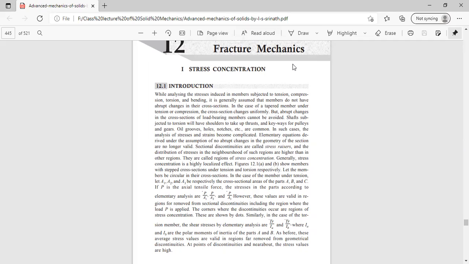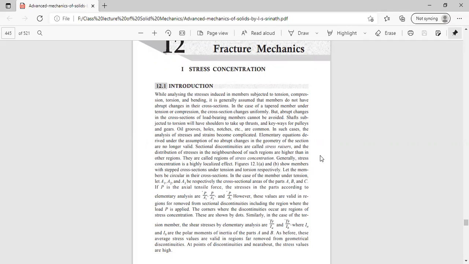Next, it changes abruptly to another cross section, say almost twice the former one, and there can be another change in the diameter or cross section area of the total bar. These are also examples of abrupt changes in cross section. But there are other applications of this abrupt change.